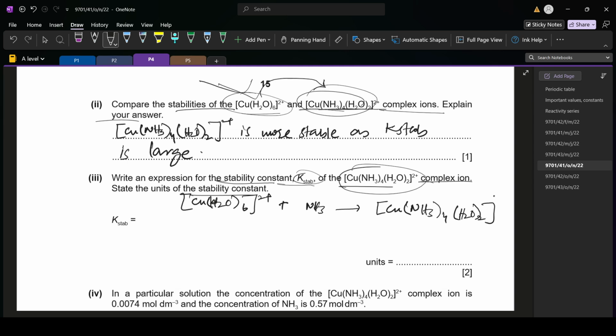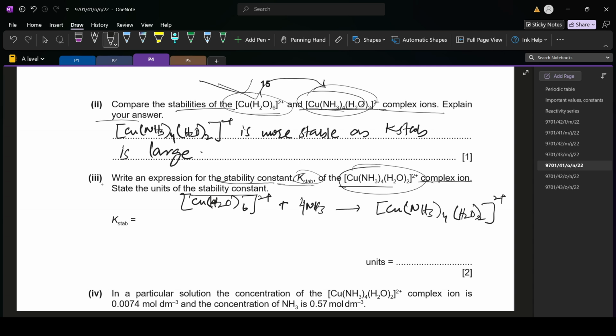So what will be the equation? Now there are 4 ammonia over here. Balancing the equation is a must. Now write the K stability value.